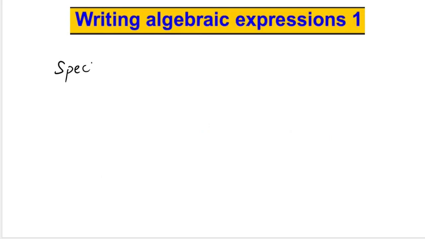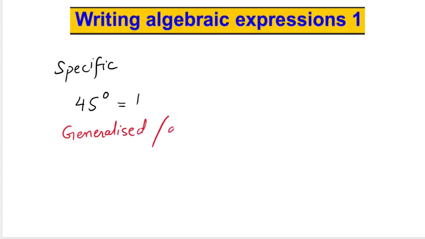So in a specific way we can say that suppose 45 to the power of 0, that is equal to what? 1. But in a generalized or abstract statement we can write it as a to the power of 0 equals 1.